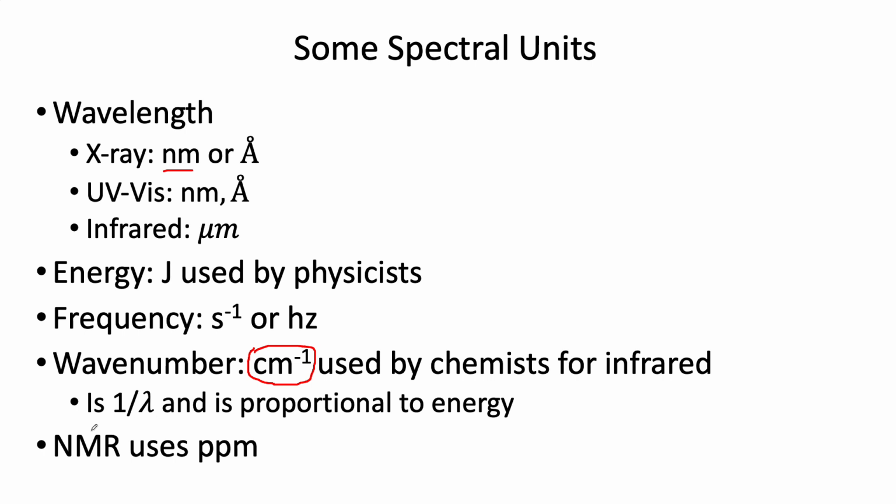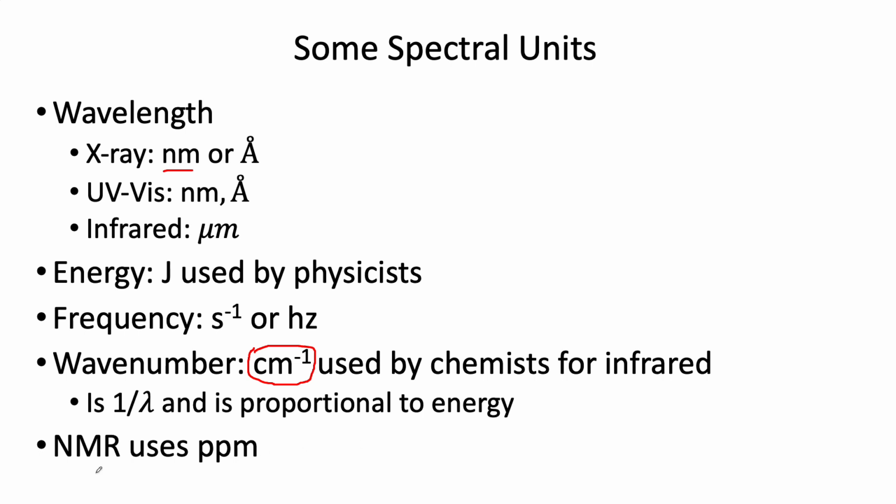And because it's equal to 1 over the wavelength, it's proportional to the energy. So a lower number of wave numbers is lower energy, and a higher number of wave numbers is higher energy.